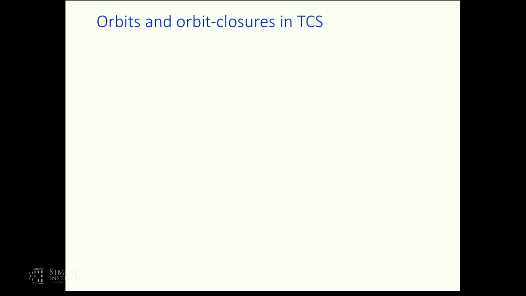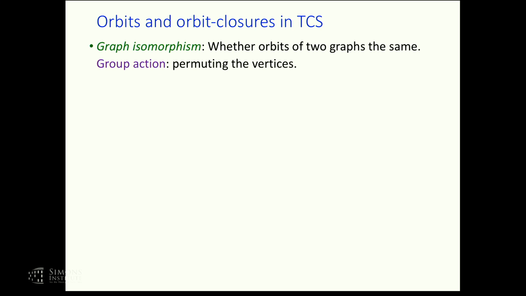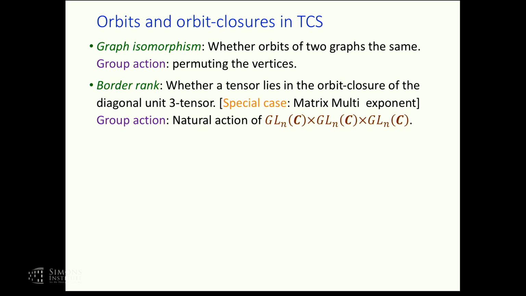And in fact, we have examples of this all over the place. We mentioned graph isomorphism, where the action is the symmetric group, where our problems actually include, maybe not explicitly, questions about orbits and orbit closures and their relationships. So graph isomorphism is an obvious one. Another is questions about tensors, rank and border rank of tensors.